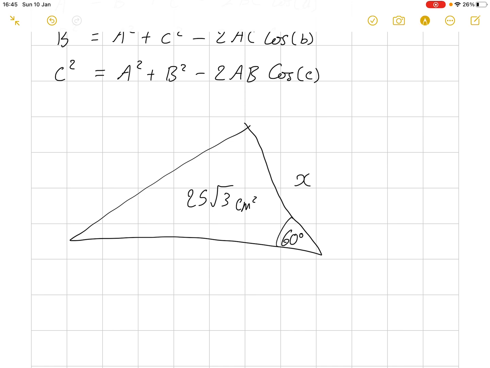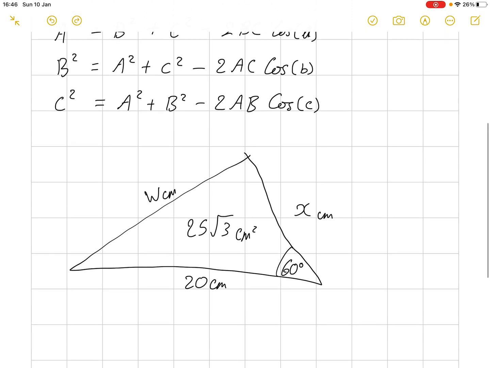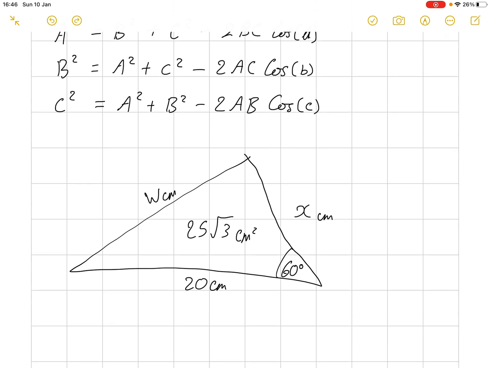We have an unknown length of x centimeters, 20 centimeters here, and then another unknown length, w centimeters. Work out the value of w. Give your answer in the form a root b, where a and b are integers greater than 1.